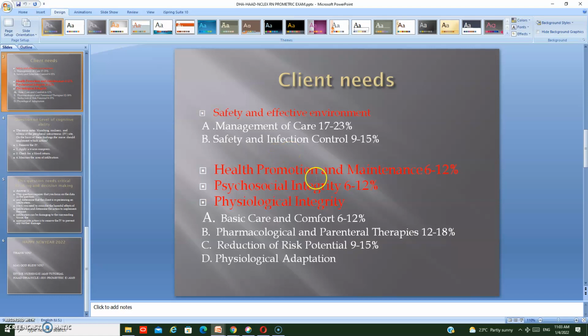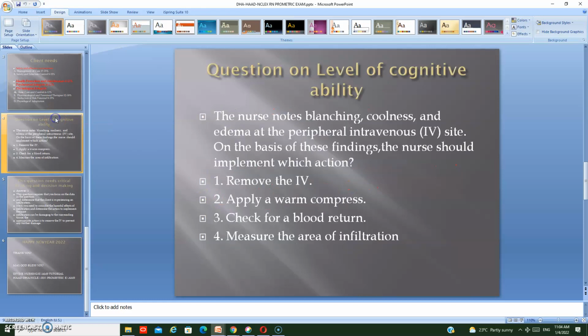The second is health promotion and maintenance, then psychosocial integrity, and physiological integrity. Under physiological integrity you have again four subcategories: basic care and comfort, pharmacological and parenteral therapies, reduction of risk potential, and physiological adaptation. And one more thing, level of cognitive ability. Depending on these criteria, they are going to construct the questions.